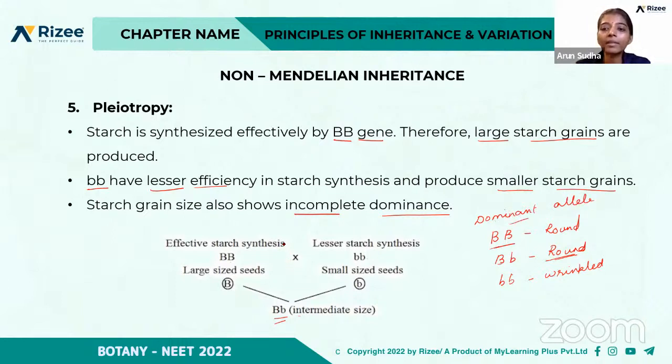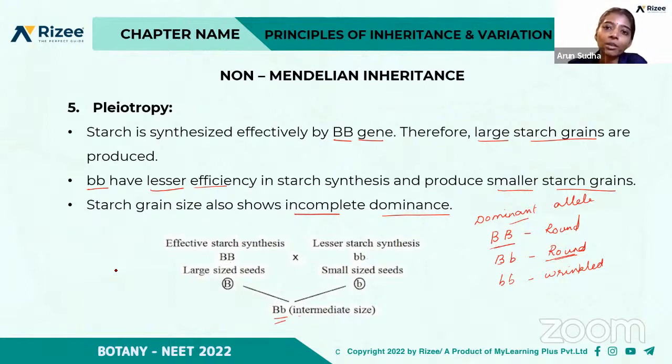But when we compare it to the size of the starch grain, here it is incomplete dominance. So the same B gene is dominant for a particular character and shows incomplete dominance for another character. So dominance is not an autonomous feature. If homozygous dominant B is present, it is not that it is dominant always.